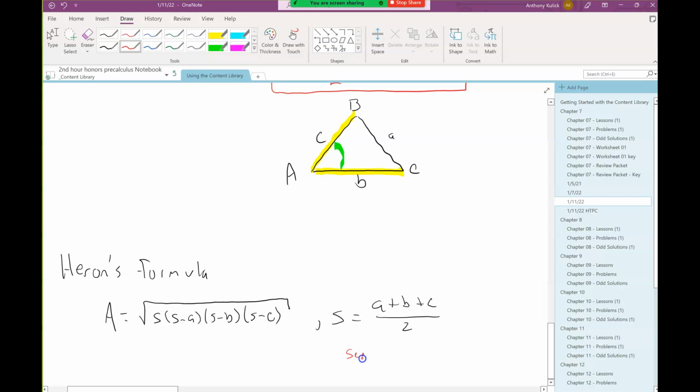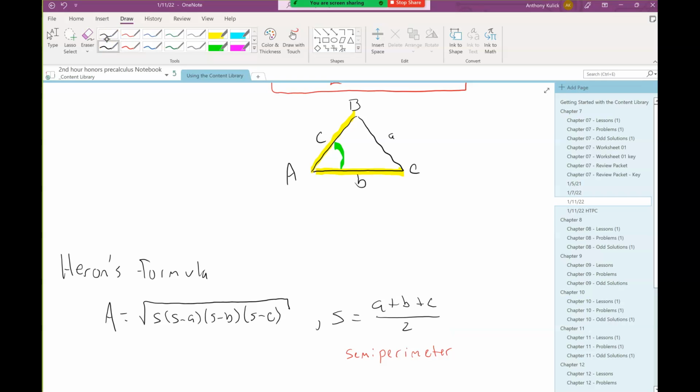We call that number S the semi-perimeter, because A plus B plus C is the perimeter of a triangle, and you divide something in half, the prefix is semi, right? Again, a semicircle is like half a circle, semi-perimeter.